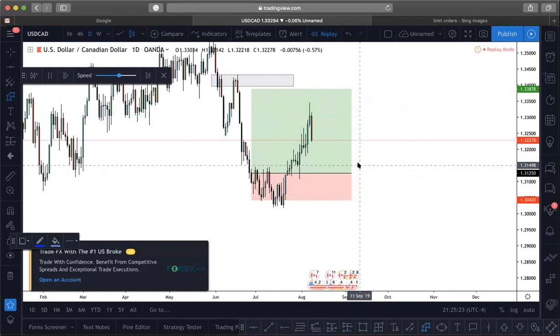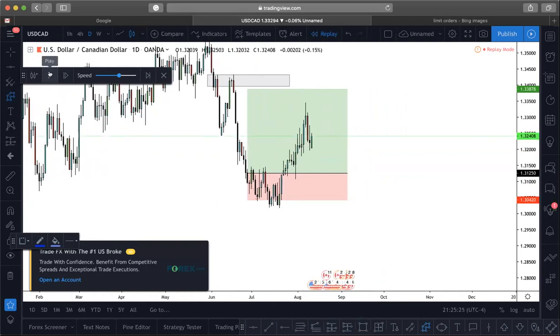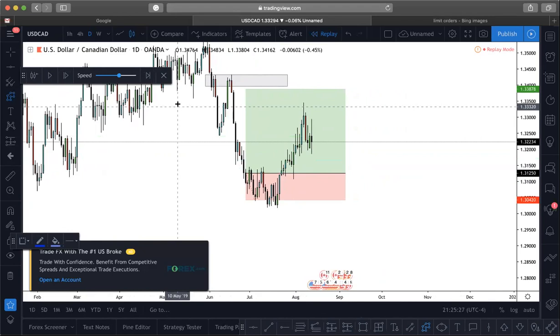So that's the buy limit, the sell limit, the buy stop, the sell stop, and I'll show you what it looks like on your phone right now.